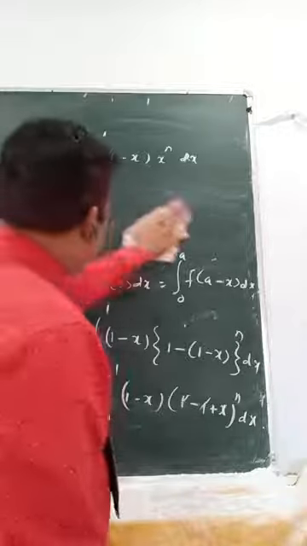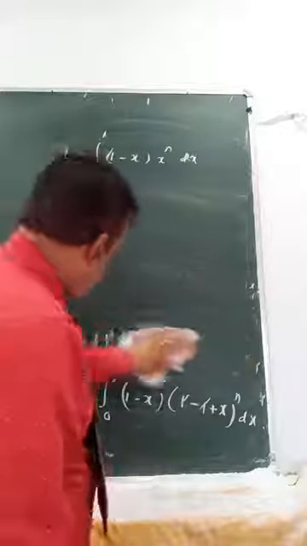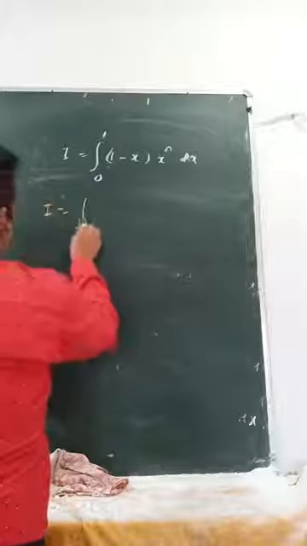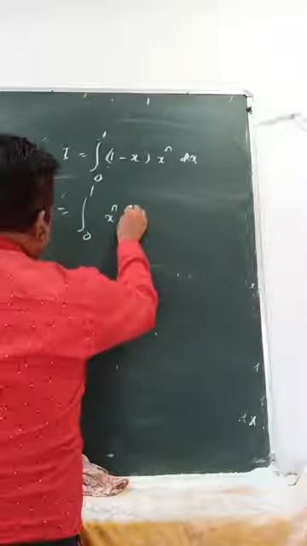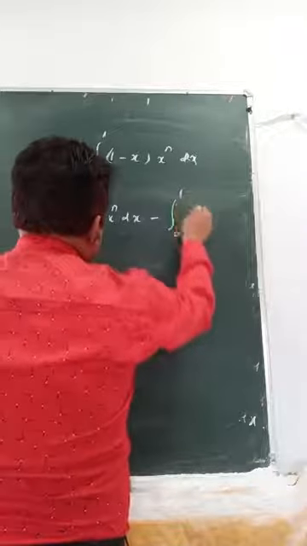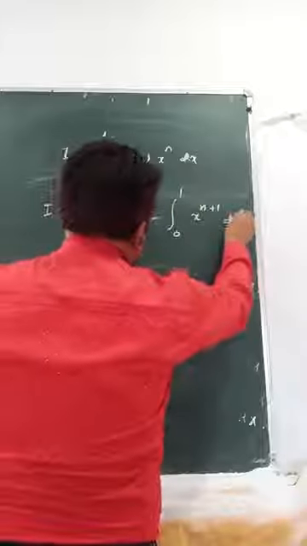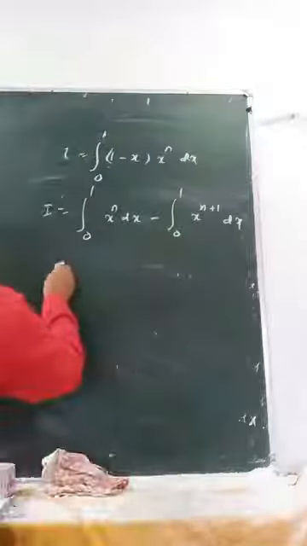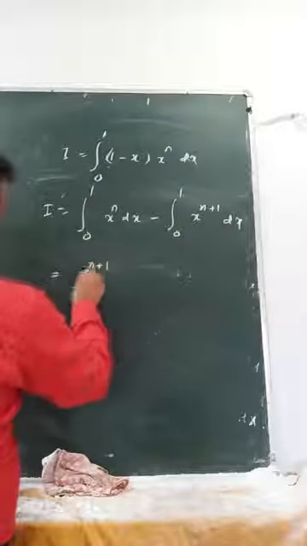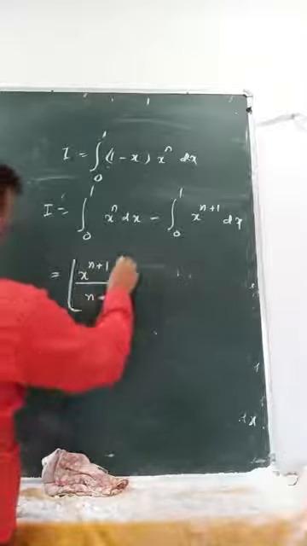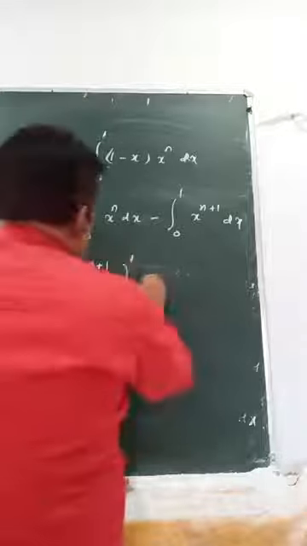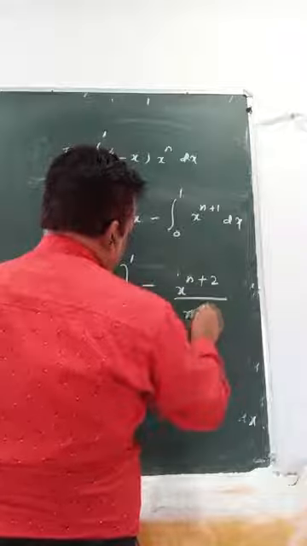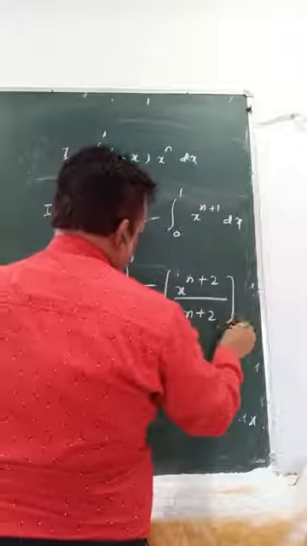So that will be I equals to integral 0 to 1 x to the power n dx minus integral 0 to 1 x to the power n plus 1 dx. Why n plus 1? Because you are multiplying these two. Now integrate: x to the power n plus 1 by n plus 1, 0 to 1, minus x to the power n plus 2 by n plus 2, 0 to 1.